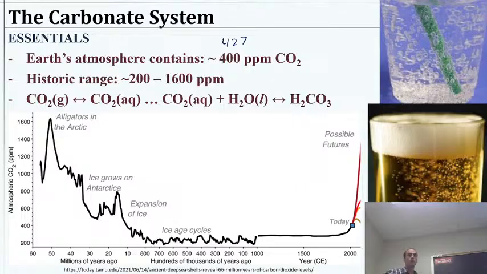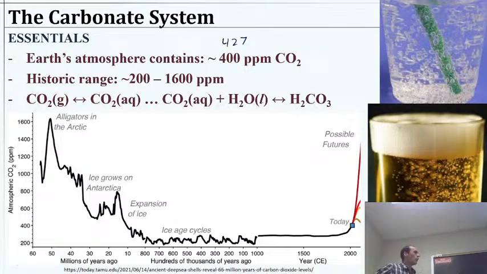A large percent is nitrogen, about 78%, about 22-ish% is oxygen, and some trace of a lot of other things, including CO2. If we look back in the historic range, from different ways we can check, many millions of years ago, it's been all the way up to 1600 and all the way down to around 200.